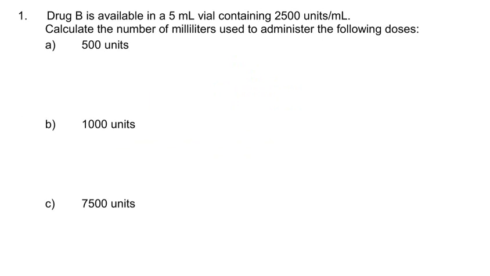So in the exercises, they give us the same information. Let's see if we can do this a few more times. Drug B is available in a 5 milliliter vial. This is not so important. I don't really care how much is in the container, but this is the strength, and this is the one that we really need. 2,500 units in 1 milliliter.